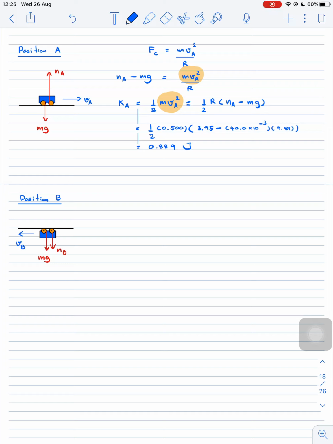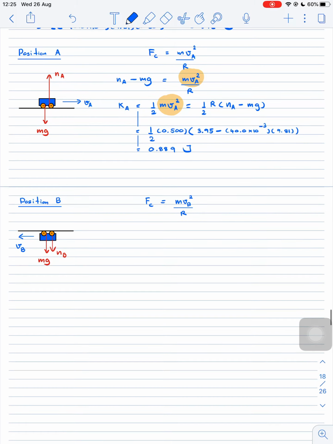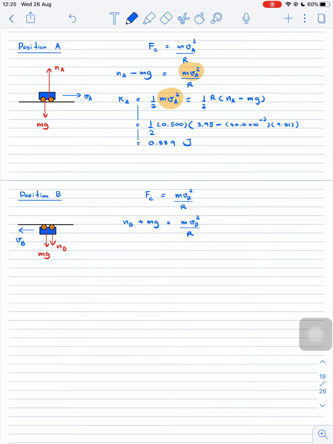In this case, the centripetal force Fc equals m VB squared over R. So Fc equals NB plus mg, equal to m VB squared over R. Again, we want to find the kinetic energy of the toy car at the position B, which equals 1/2 times m times VB squared.